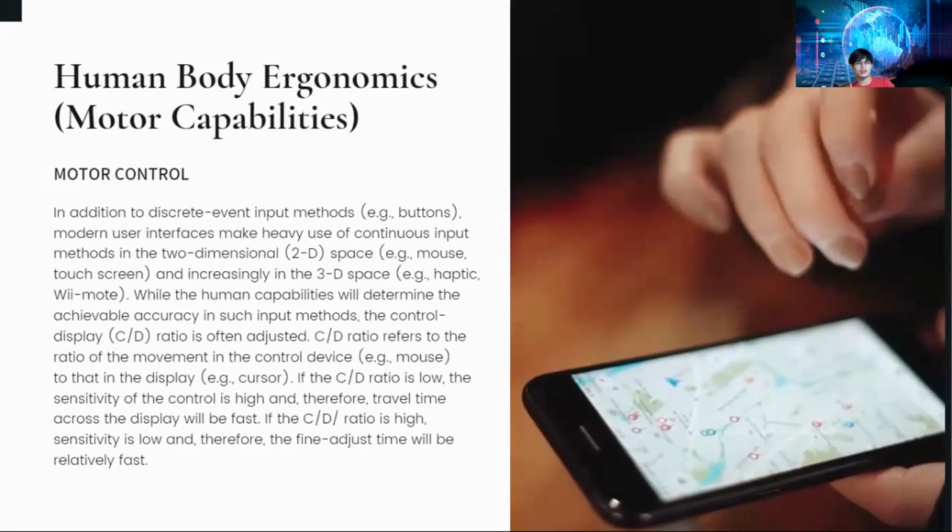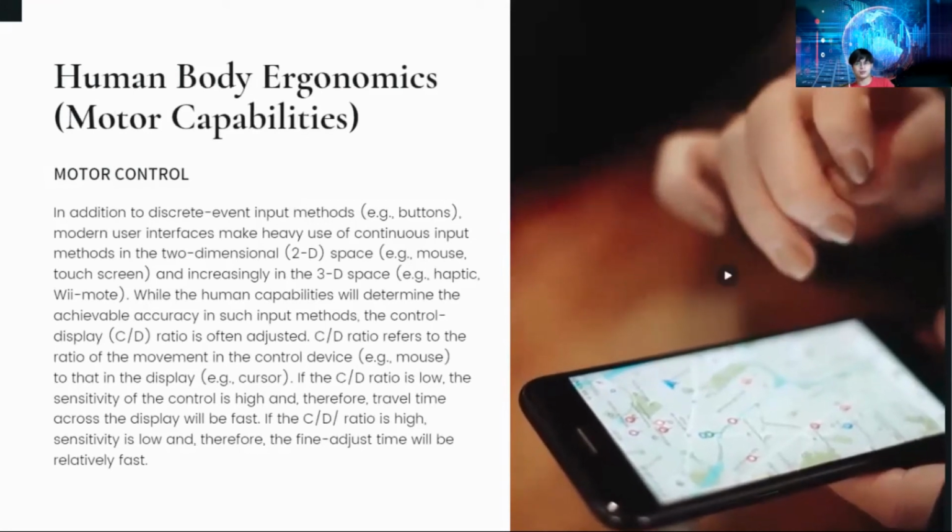Next, in addition to discrete event input methods, for example buttons, modern user interfaces make heavy use of continuous input methods in two-dimensional 2D space, for example mouse and touchscreen, and increasingly in 3D space, haptic or Y-mode. While the human capabilities will determine the achievable accuracy in such input methods, the control display or CD ratio is often adjusted.